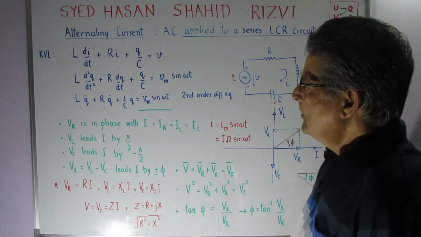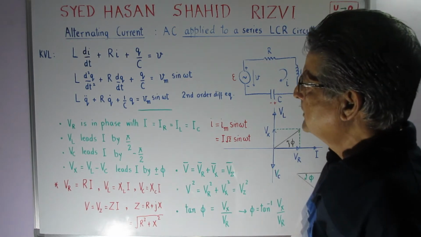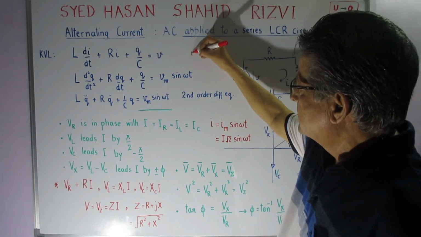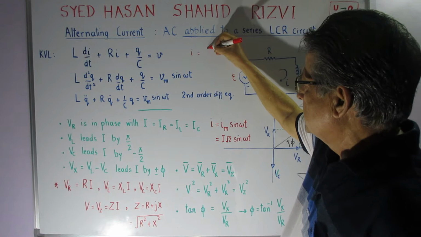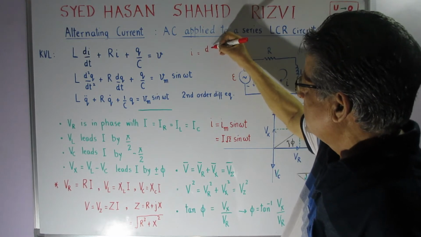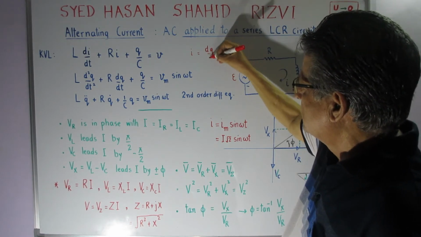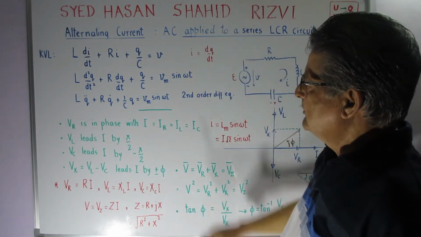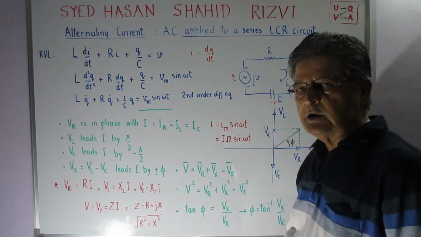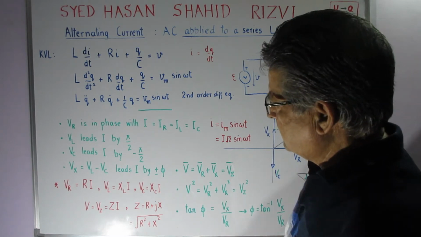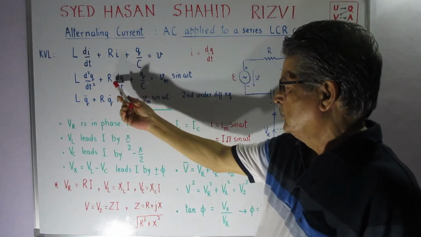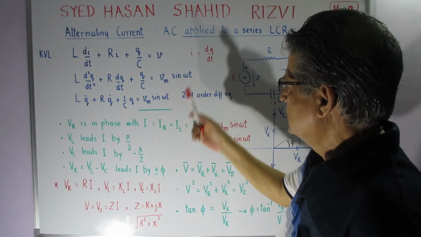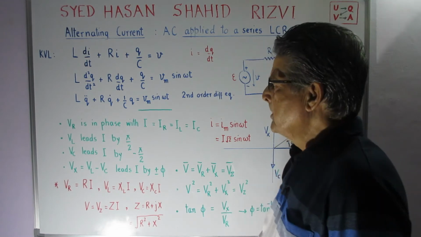So now I can write that the current is defined, I is equal to dq dt, and so di dt will be equal to d2 q upon dt2. So I write this equation as L d2 q upon dt2 plus R dq dt plus q upon C is equal to Vm sin of omega t.